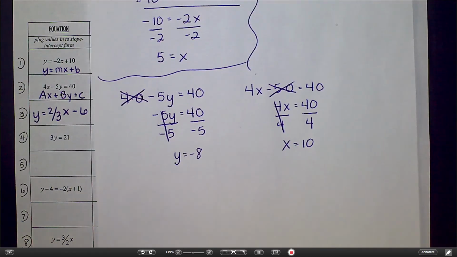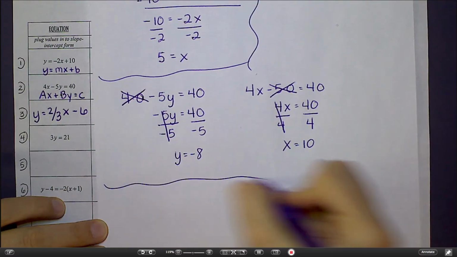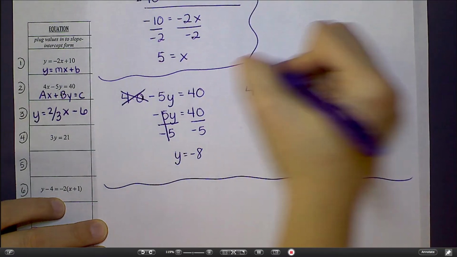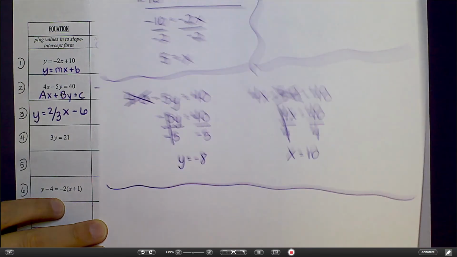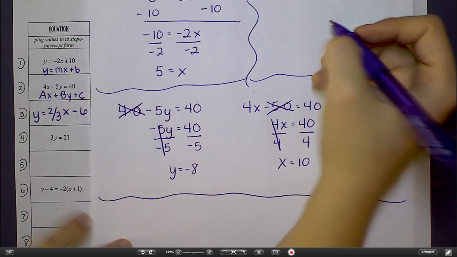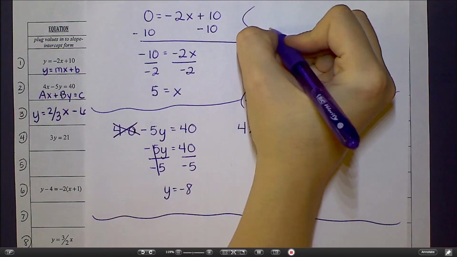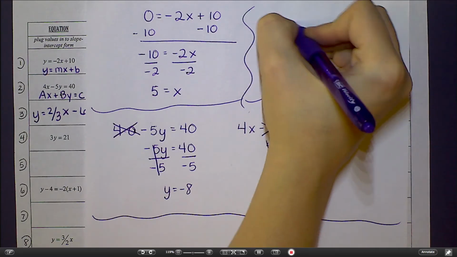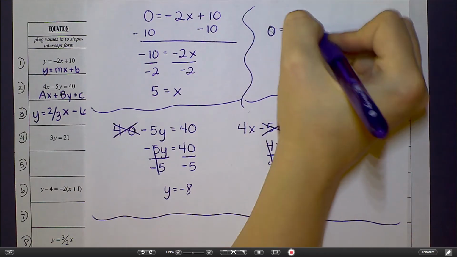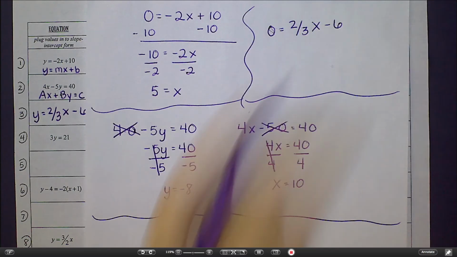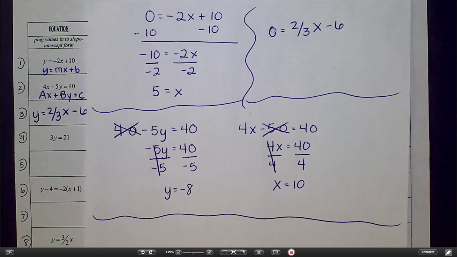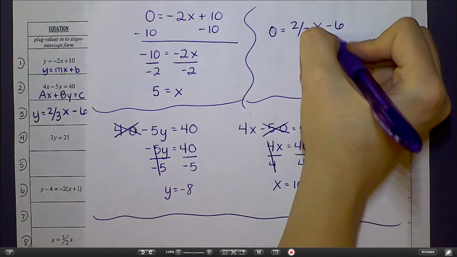So I'm going to take that equation that I have, use some space up here, and put a 0 in for y. So I would write 0 equals 2/3 x minus 6. Let's add 6 on both sides.